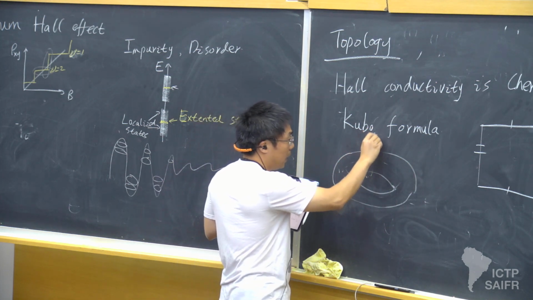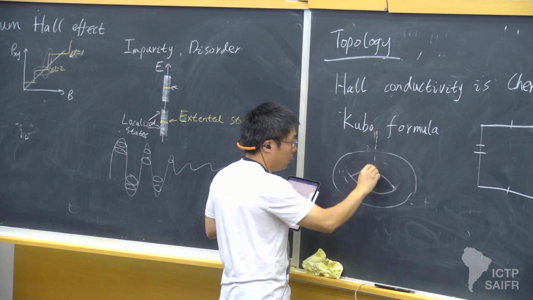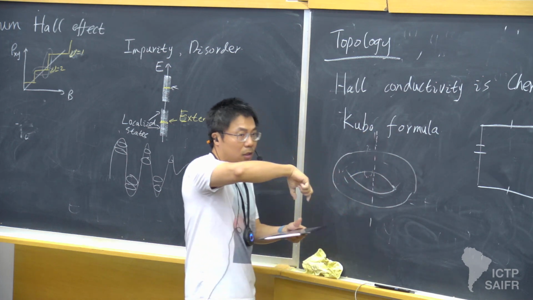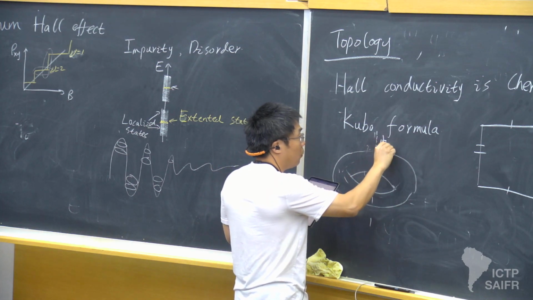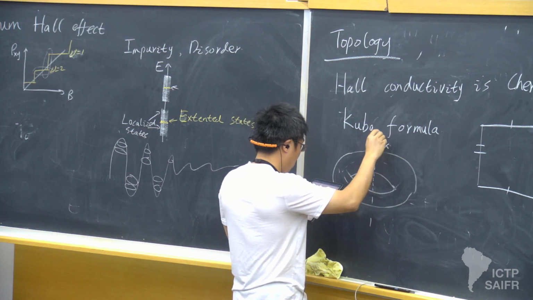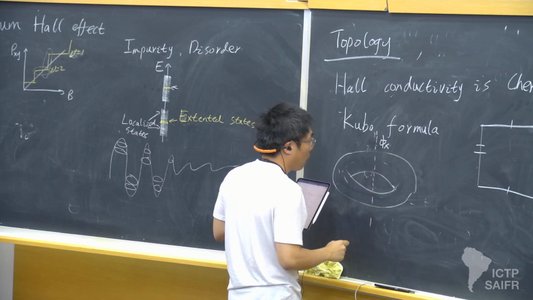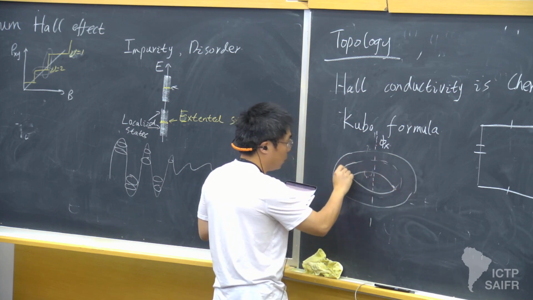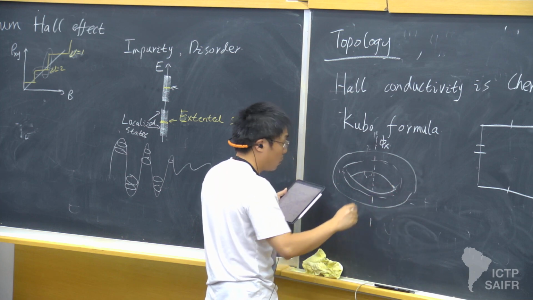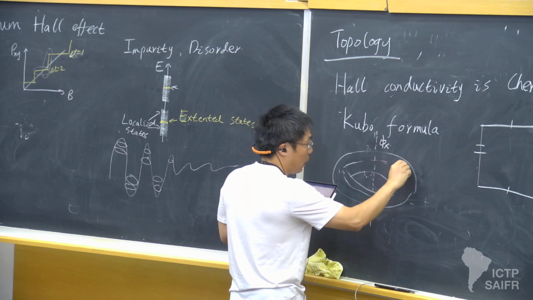One is that I thread flux in the hole of my torus, which I call phi x. And the other type of flux is threaded in this circle, which I call phi y.